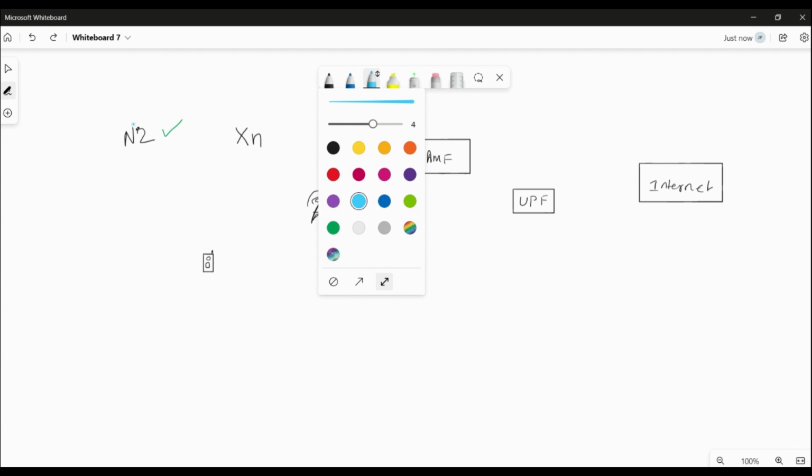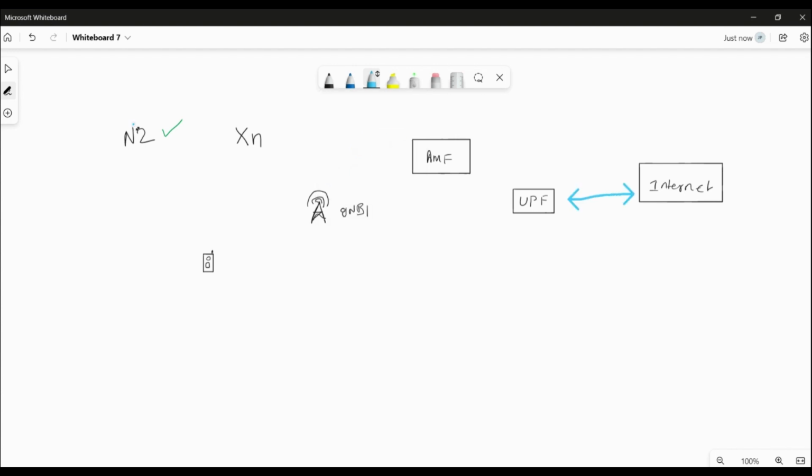And from here to here, and here to here. There's a connection from here to here.